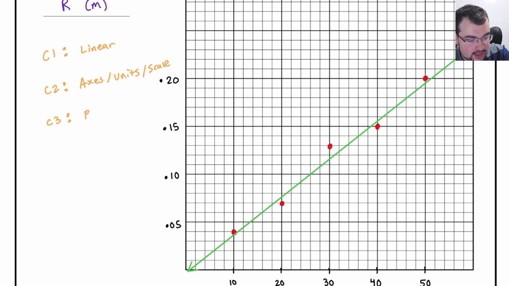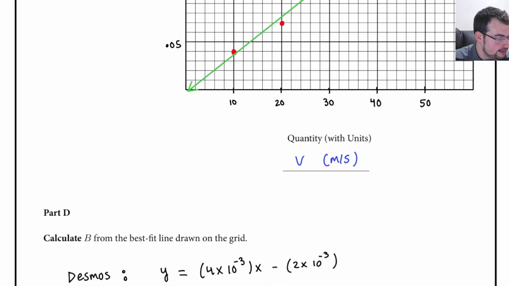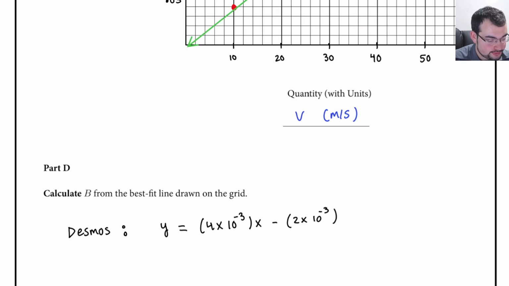C3 is for actually plotting the points. And C4 is for the best fit line. Even if you graph the wrong relationship, and it's not linear, which I don't know how you're getting a nonlinear relationship. This is already linear. Please get C2, 3, and 4 just by committing to your graph. Make sure you put units.